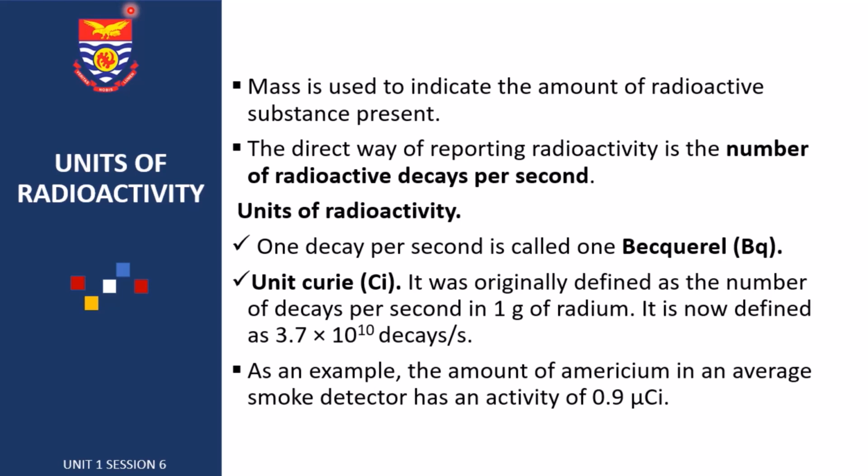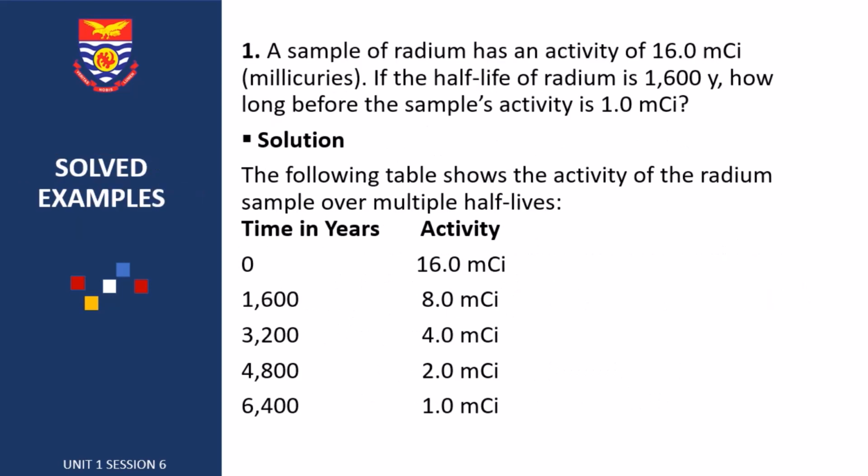The becquerel is named after Henri Becquerel, who discovered radioactivity in 1896. Also, both the becquerel and the Curie can be used in place of grams to describe the quantity of radioactive material. Let us look at this solved example.